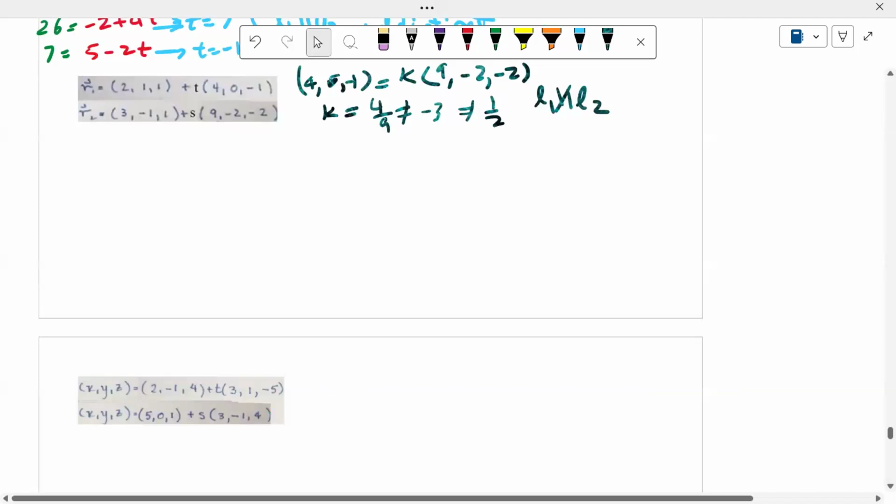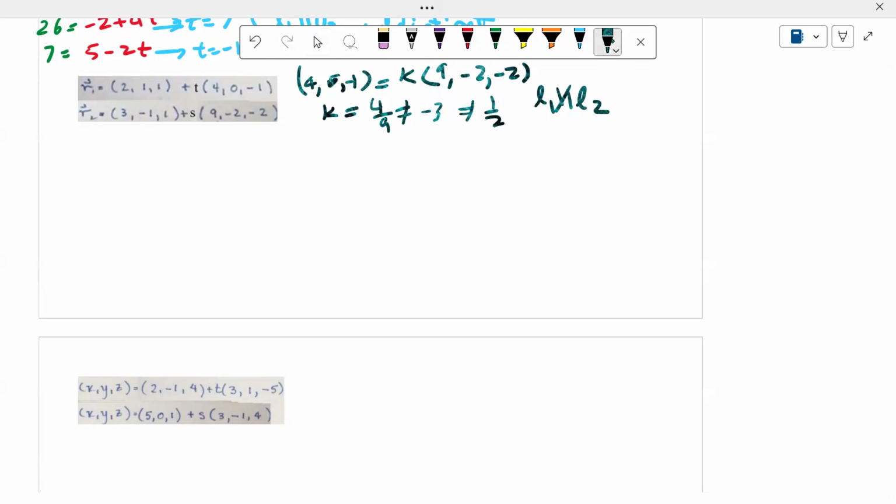So I'm going to put the parametric equations equal to each other. So the first parametric equation, I have 2 plus 4t, this 1 plus 0t.